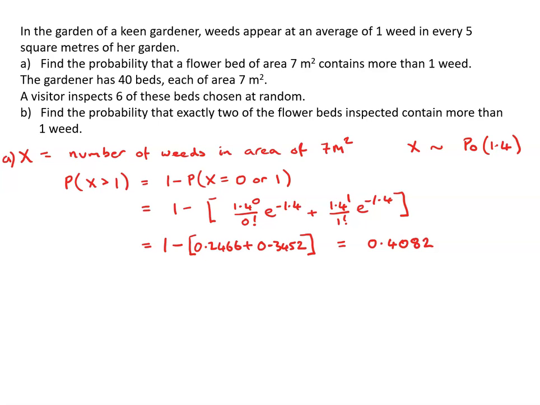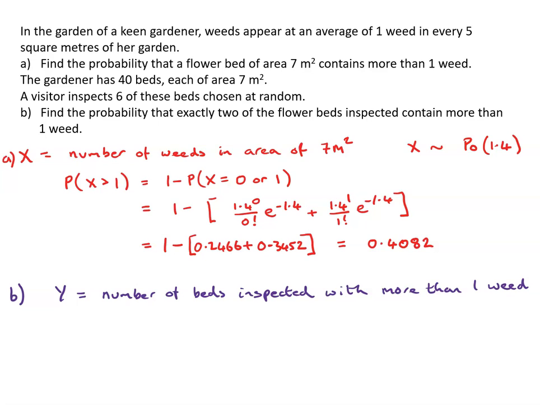And provided we have independence of one flower bed from the next flower bed, then we will be able to say that the number of beds inspected with more than one weed would have the binomial distribution with n equals 6 and p equals 0.4082.